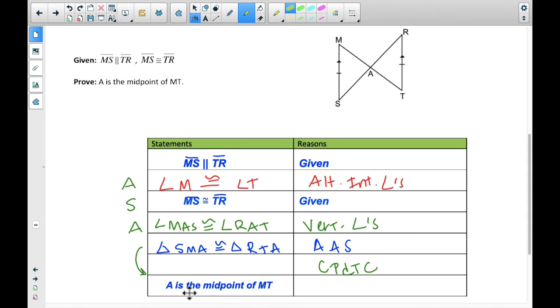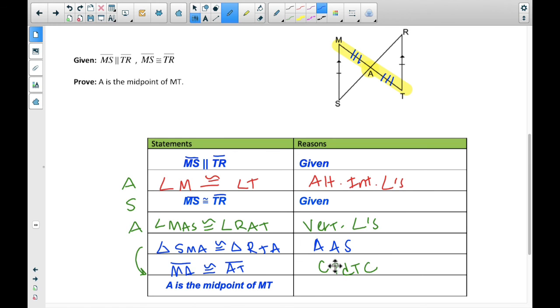Now what we need to focus on is that A is the midpoint of MT. So here's A, here is MT, okay? If that's the midpoint, we must have to get to these pieces, this piece and this piece, okay? So can we say that? Can we say that segment MA is congruent to segment AT?